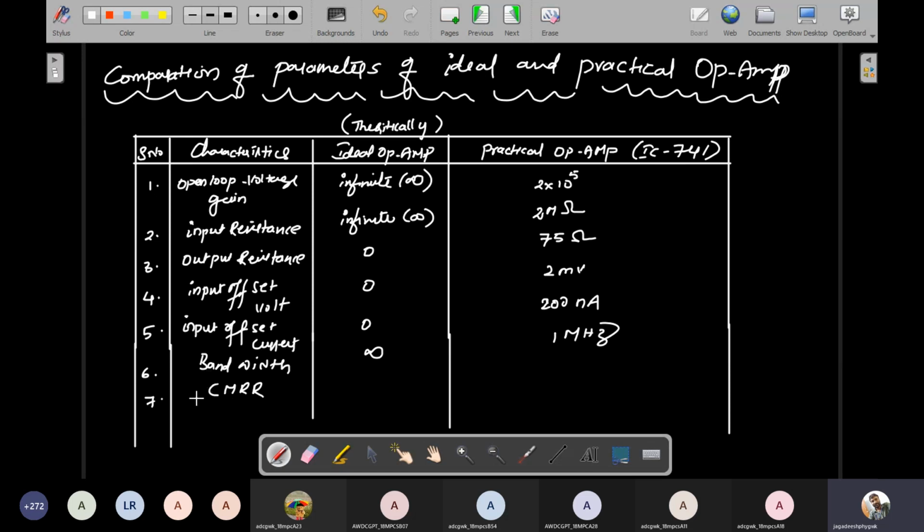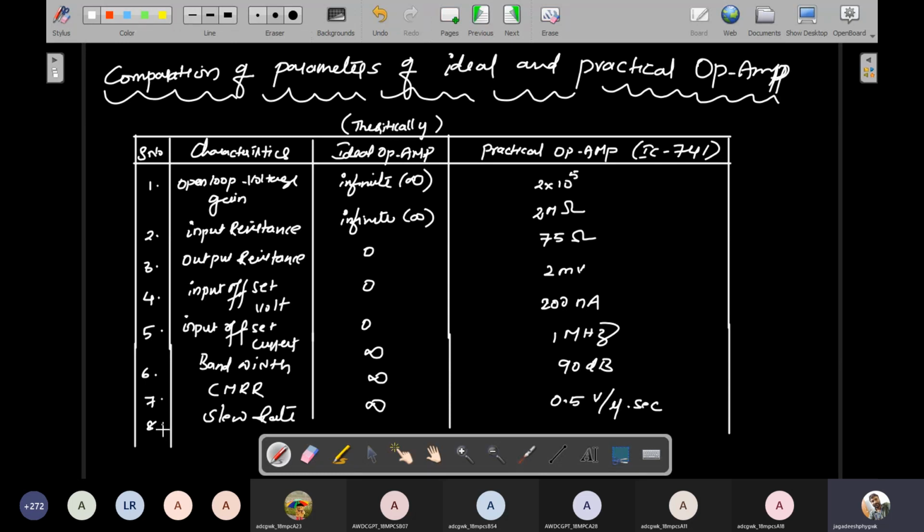I already told you what common mode rejection ratio is. Theoretically its value is infinite, but practically it shows 90 decibels. And the eighth one is slew rate. Slew rate for an ideal op amp is infinite, but practically it is 0.5 volt per microsecond.